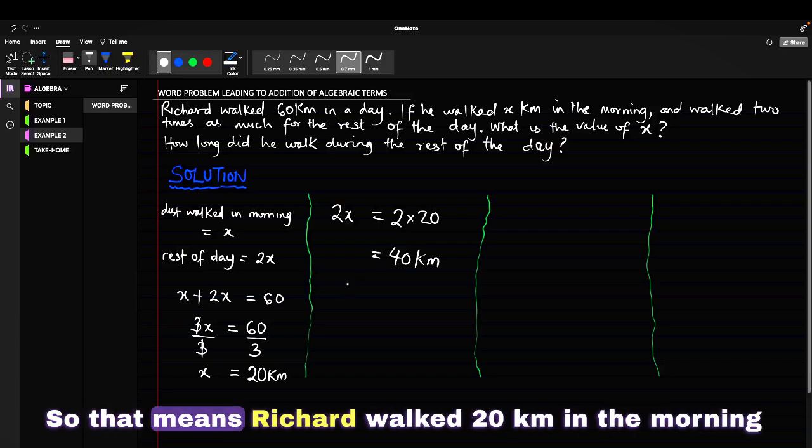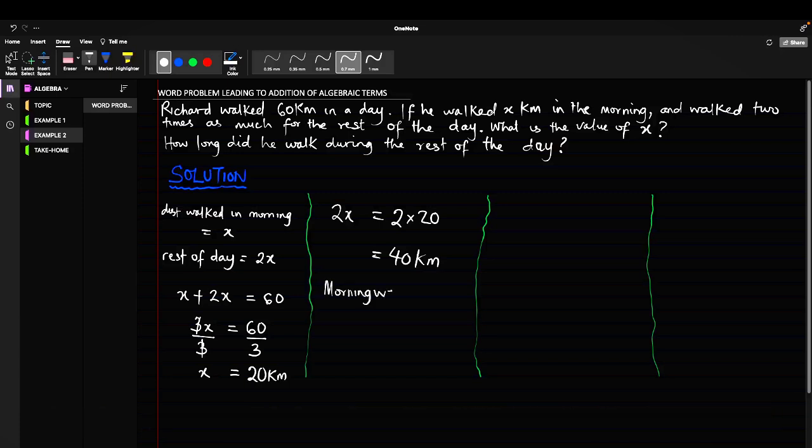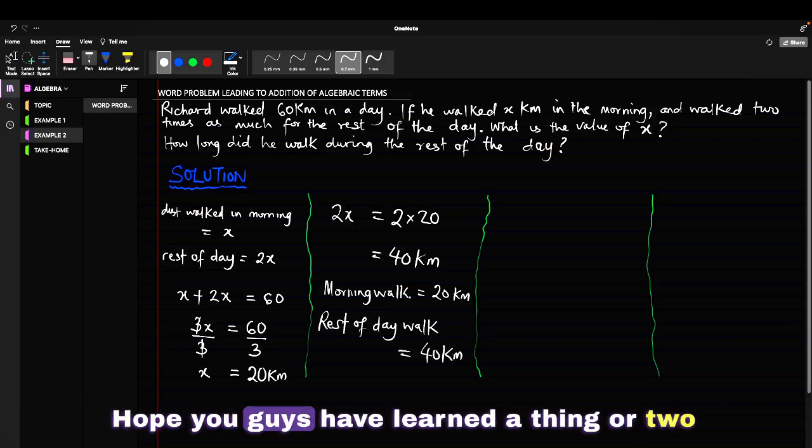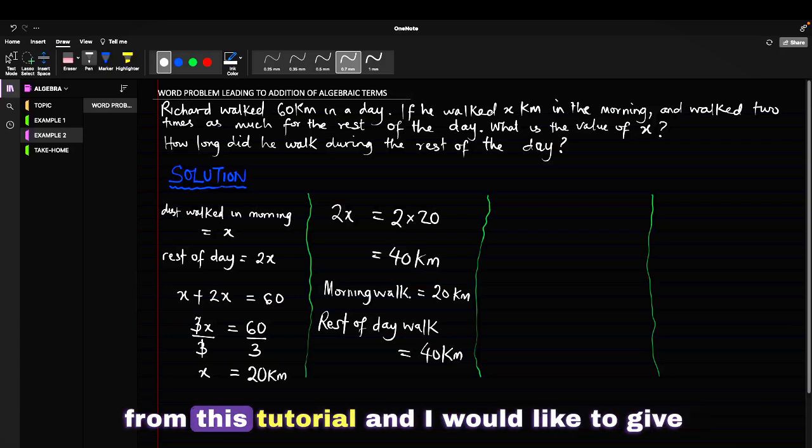So that means Richard walked 20 kilometers in the morning, and the rest of the day is equal to 40 kilometers.